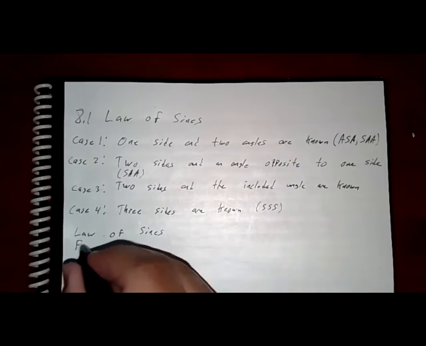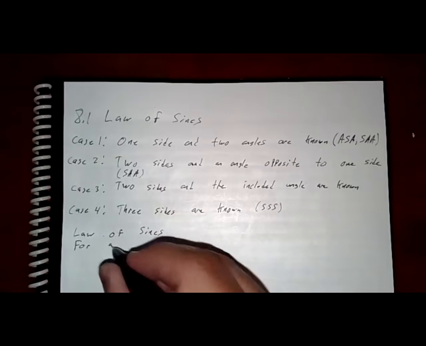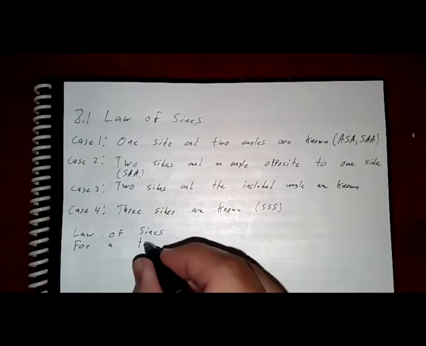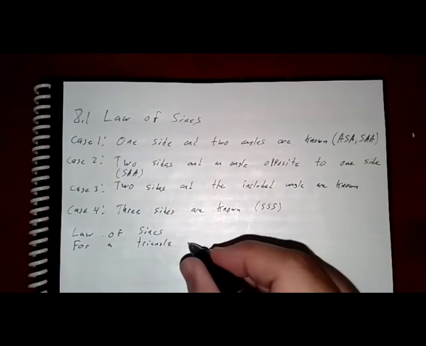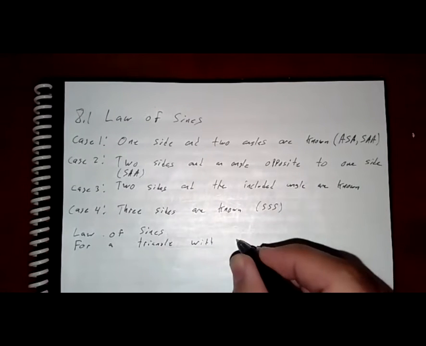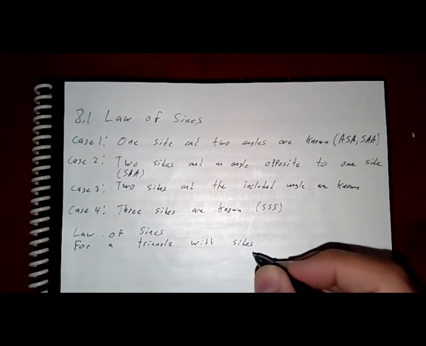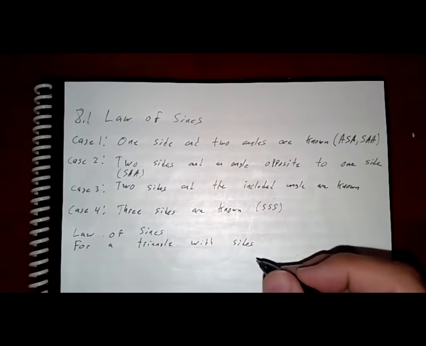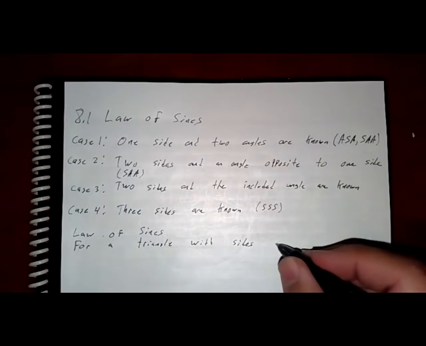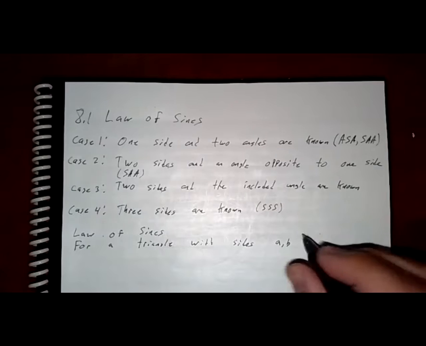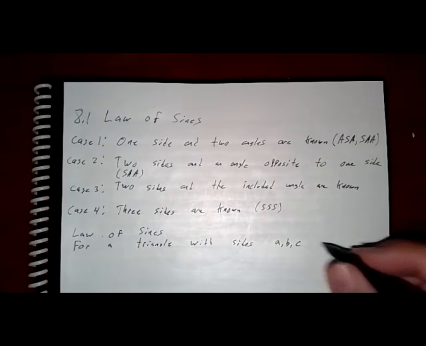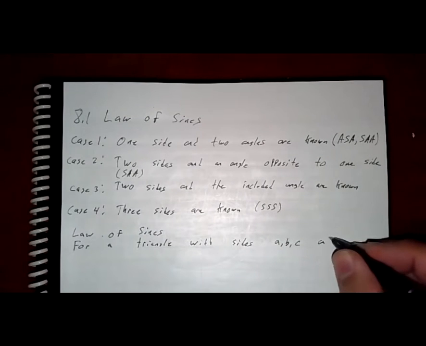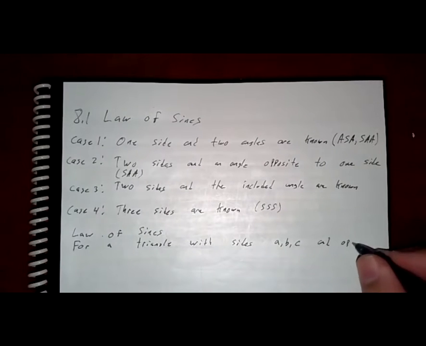So for a triangle with sides a, b, c, and opposite angles capital A, B, C, respectively. I'm really bad at capital letters here apparently, so I'm going to try my best to distinguish capital C and lowercase c from the book.